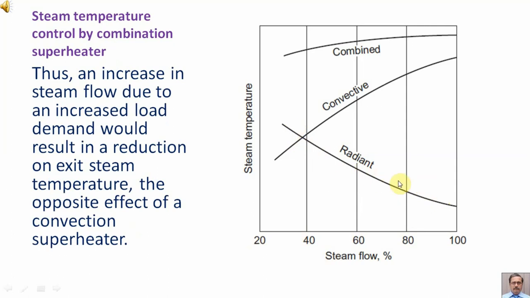We are talking about the radiant superheater. So, because of increase in steam flow rate, the exit steam temperature of the radiant superheater shall decrease, which is the opposite effect of a convection superheater.